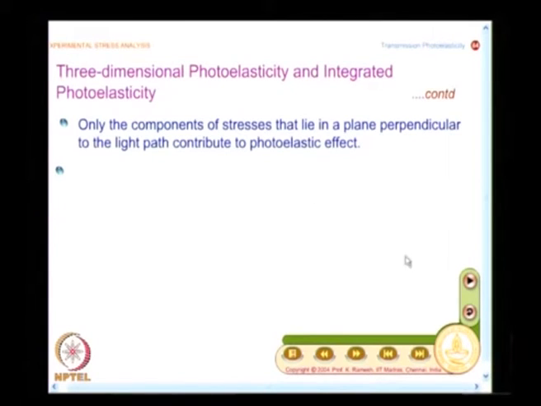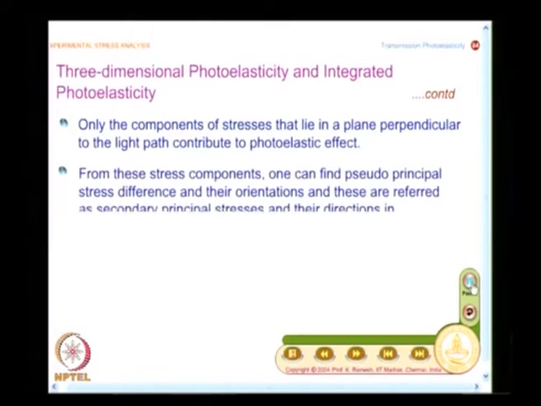So, in a 3-dimensional problem, what I will try to do is, I will try to find out what are known as pseudo principal stress differences, because you will have a stress tensor in general, a 3 by 3 matrix, and you will have to evaluate depending on the direction of the light.